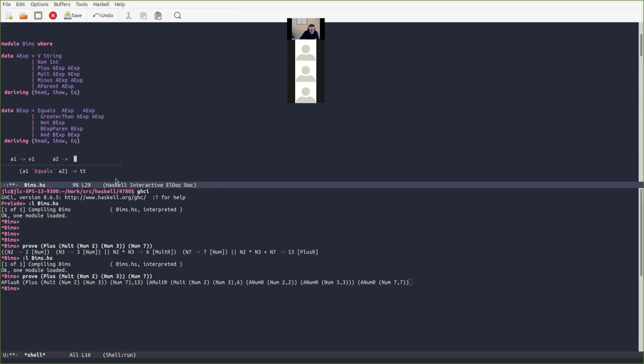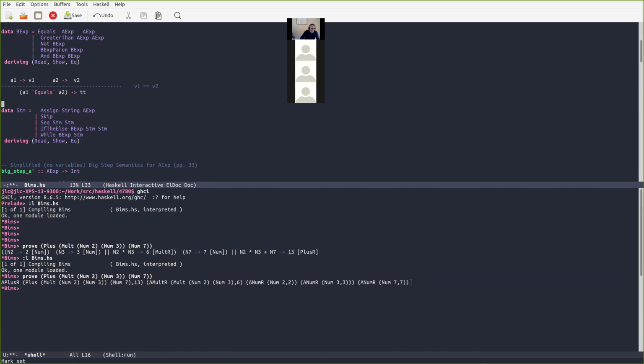So I'm just going to leave them all for now. And then this one's true when the side condition is that V1 equals V2. And there's another rule that says it evaluates to false if these two are not equal.